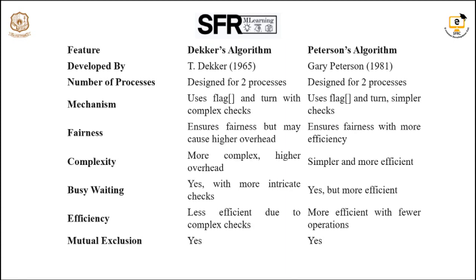For the waiting process, Dekker's algorithm waits with more complex checks, but the Peterson algorithm is more efficient. For efficiency, Dekker's algorithm is less efficient due to complex checks, and the Peterson algorithm is more efficient because of simpler checks. For mutual exclusion, it is satisfied in the Dekker algorithm, and in the Peterson algorithm it is also satisfied.